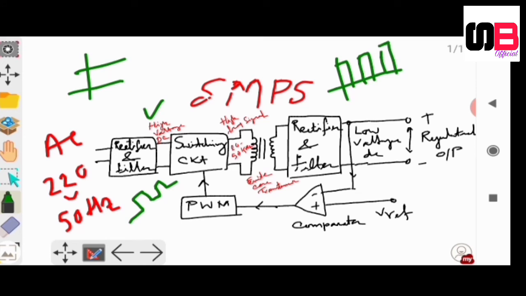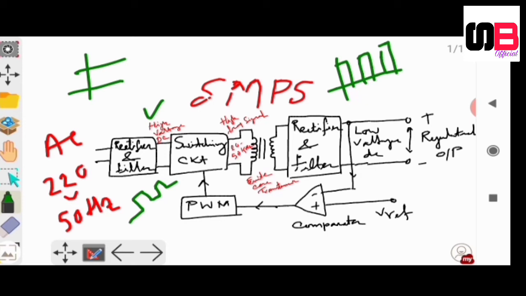Now this high frequency signal is applied to the ferrite core transformer. Actually, in our daily life, whenever we make any kind of power supply, we use an iron core transformer. But in case of a high frequency signal, we have to use a ferrite core transformer.